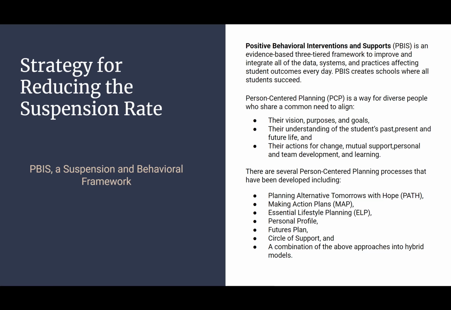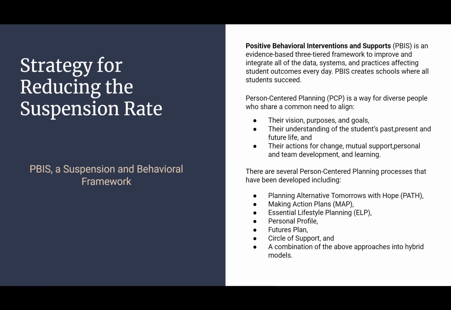PBIS creates schools where all students succeed. And particularly, there's person-centered planning, and this is a way for diverse people who share a common need to align. It focuses on the vision, purpose, and goals, the understanding of students' past, present, and future life, and the actions for change and mutual support.